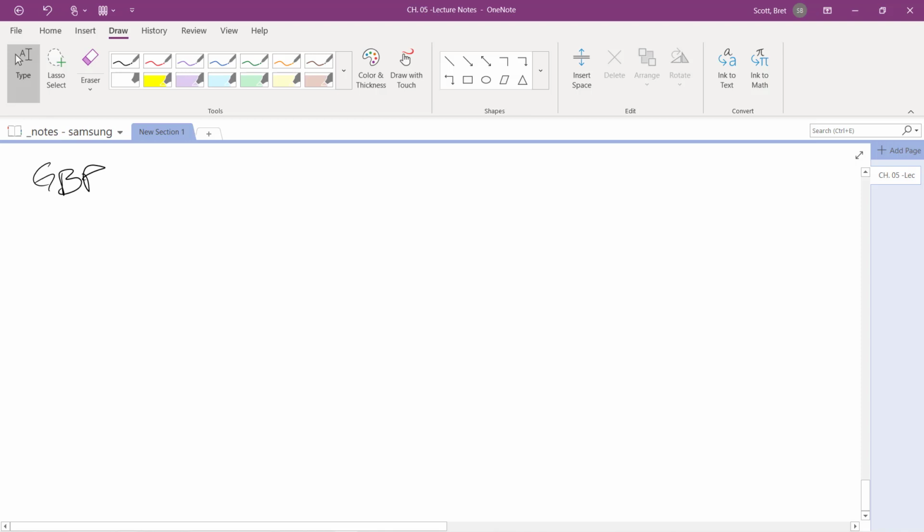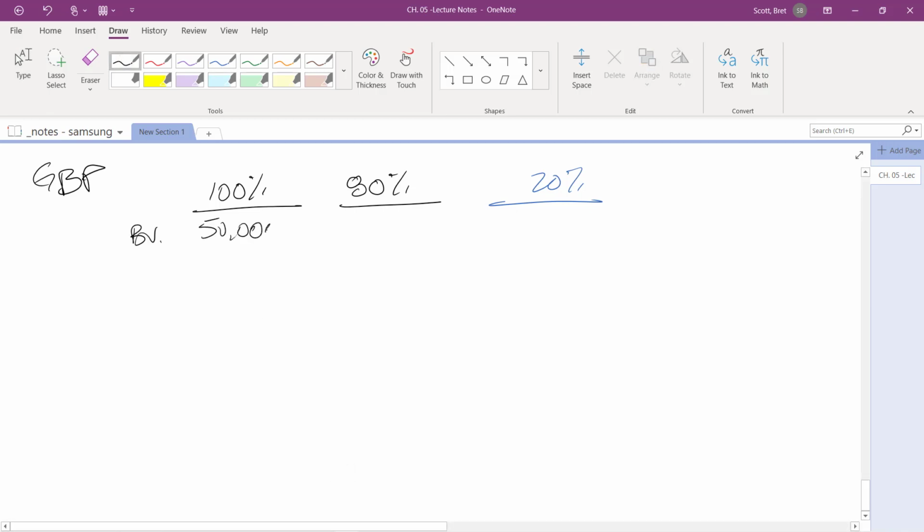If I have NCI, I look at 100%. Let's assume that I'm buying 80%, and NCI is the other 20%. If the book value in this case is 50 million, my portion of that is 40, and NCI would get the other 10. Now let me go down the list and just focus on the 100% column.